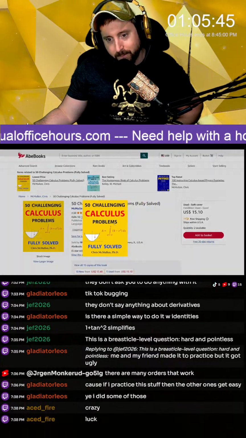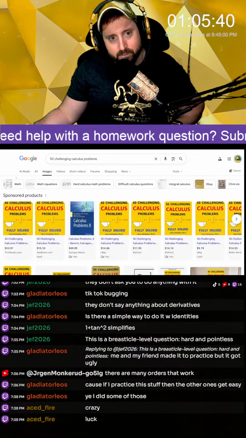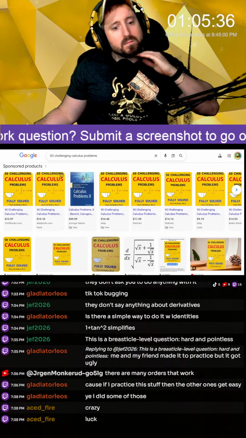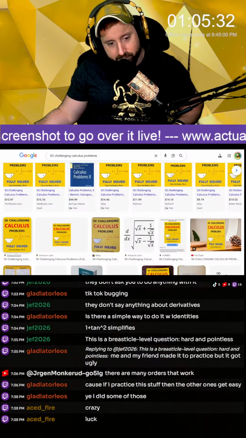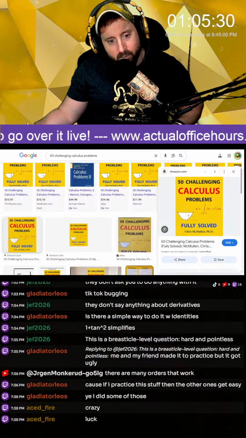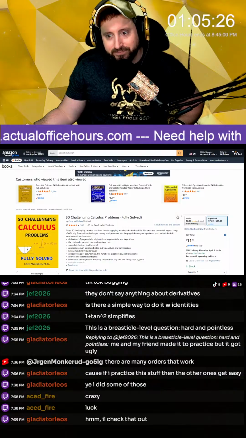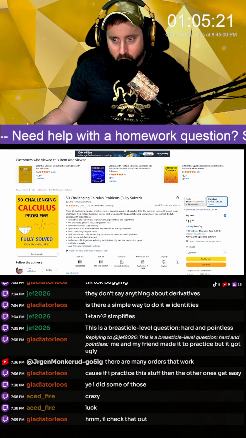For example, this is problem 3, and it's find the 8th derivative, but all of your derivatives are like x to the 10th over 10 factorial, so it's kind of a test of whether you understand the patterns of how these work when you repeat. And then it's $12 on Amazon.